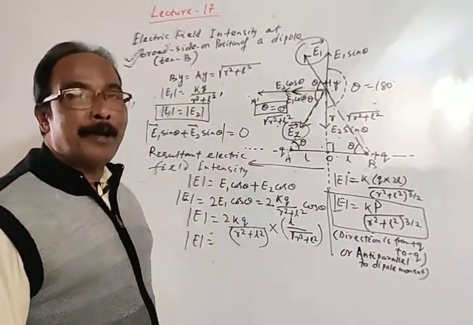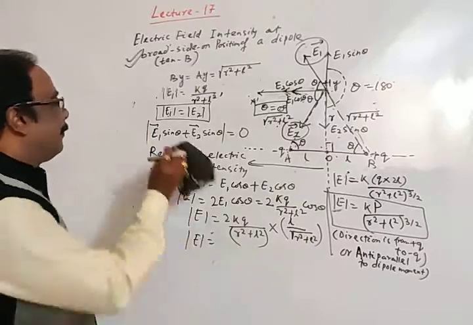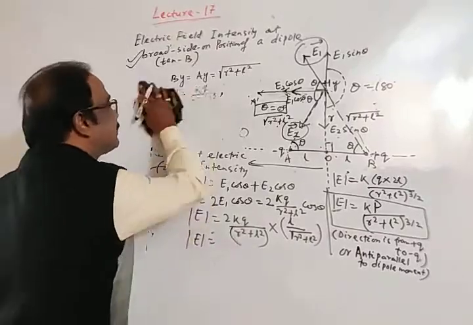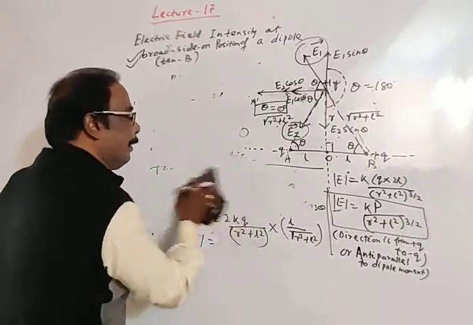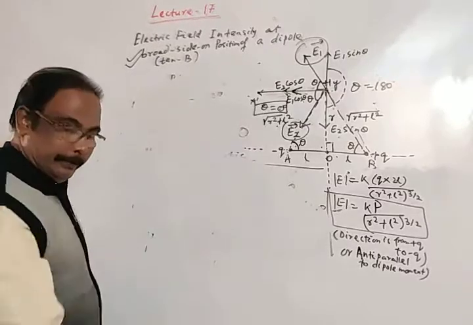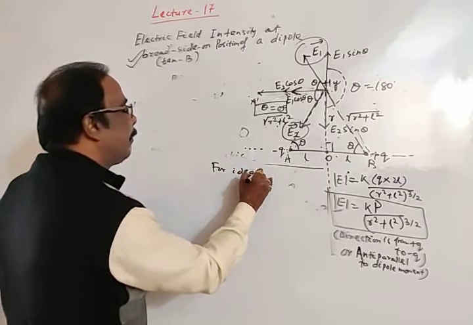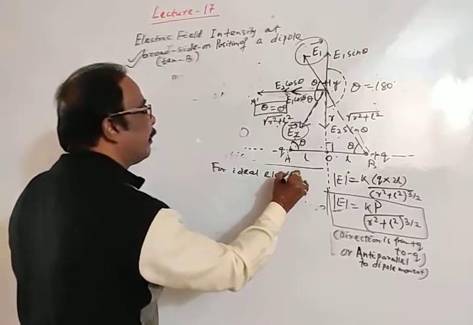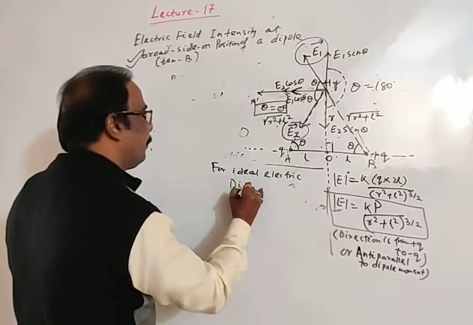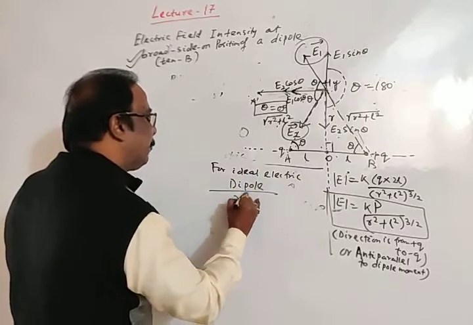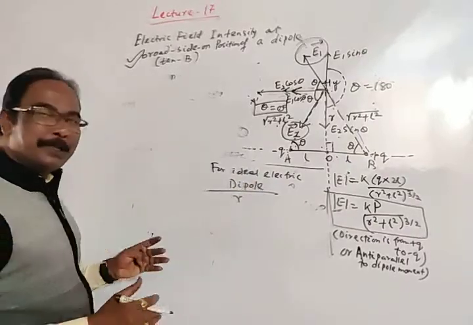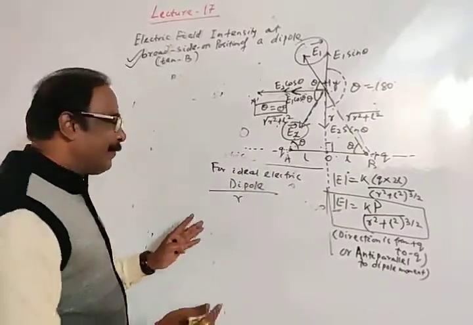Now about the ideal electric dipole. Okay, I will erase all this, not required now. For the ideal electric dipole, I will not discuss more because you already know it.